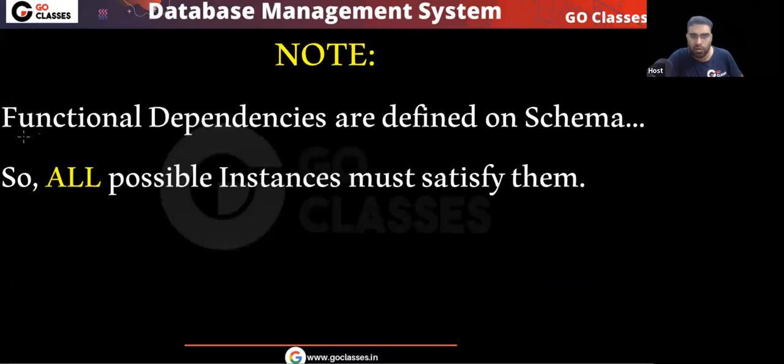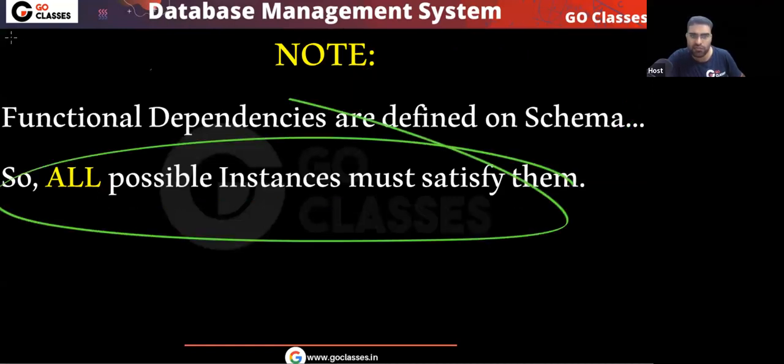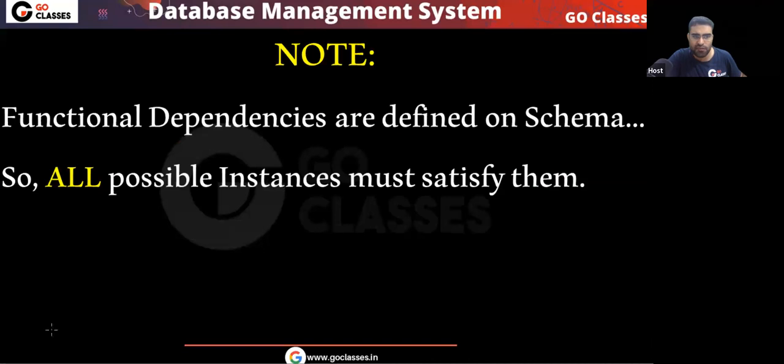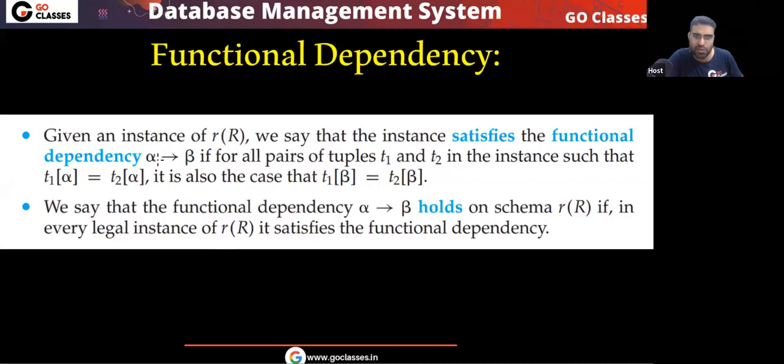Now, we have already seen that functional dependencies are defined on the schema, so every instance must satisfy them. Given an instance, you can check whether a functional dependency holds or not.